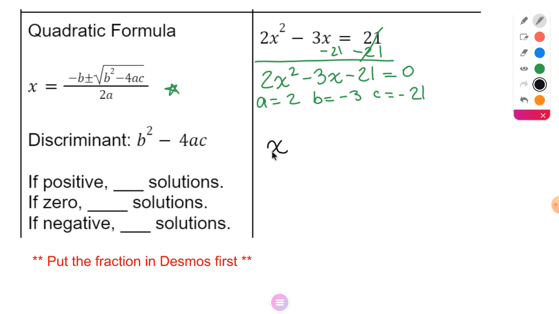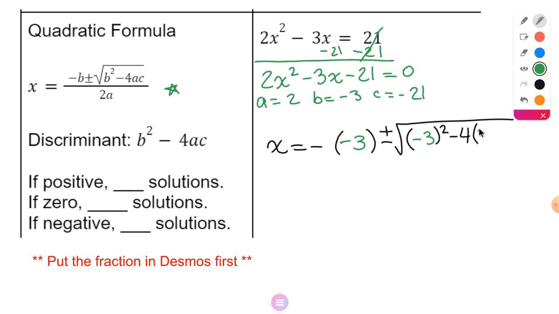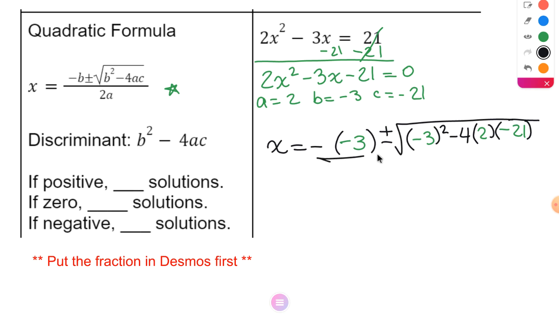Parentheses are your best friend. So negative b, negative negative 3, plus or minus the square root of b, negative 3 squared minus 4 times a, 2, times c, negative 21, all over 2 times my a, 2.